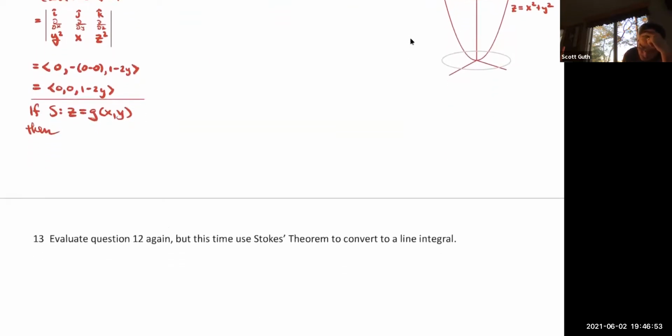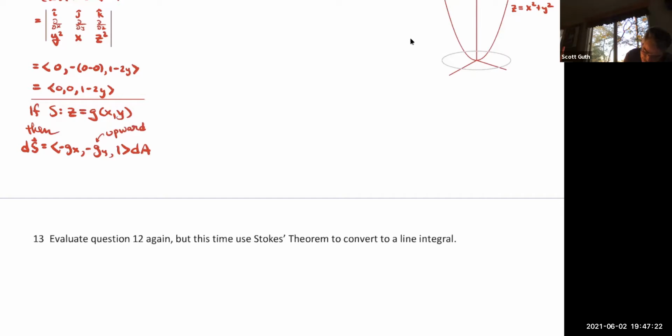One is for ds, the vector: negative g_x, comma, negative g_y, comma, positive 1 dA. That's an upward normal. You would reverse the sign for a downward normal.